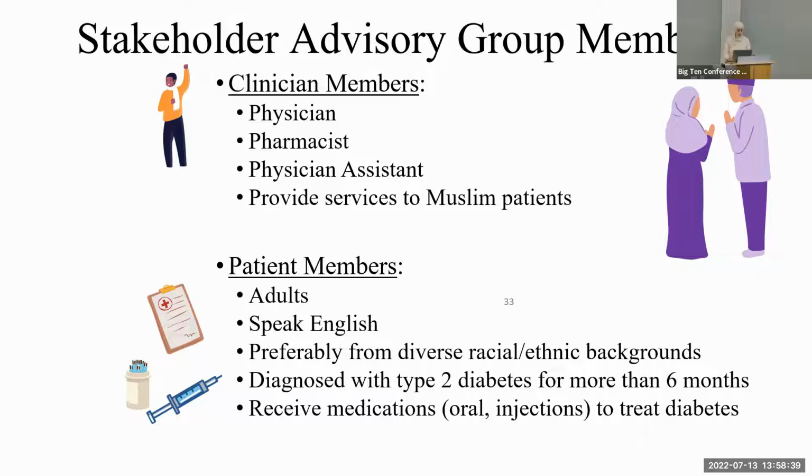The patients were adults who speak English, diagnosed with type 2 diabetes for more than 6 months and taking oral medications, preferably from diverse racial and ethnic backgrounds. We focus on English because the qualitative study includes 6 languages.